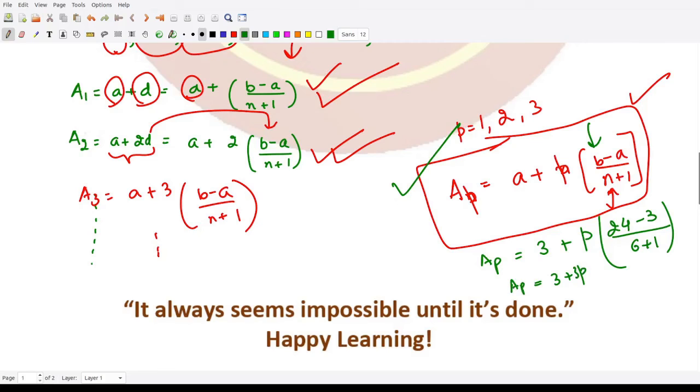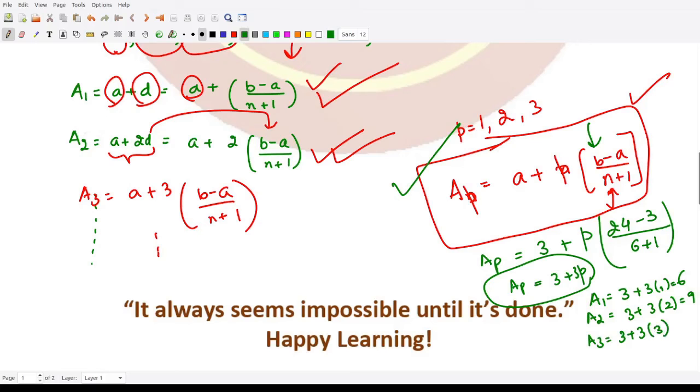The value of the AP. So that means our first term would be 3 plus 3 into 1, which is 6, right? Our second term A2 would be, we will substitute the value of P here as 2. So it would be 3 plus 3 into 2. So how much is it? It is 9, right? Similarly, A3 would be 3 plus 3 times 3, which is 9 plus 3, that is 12.